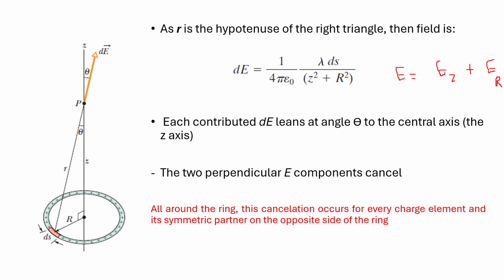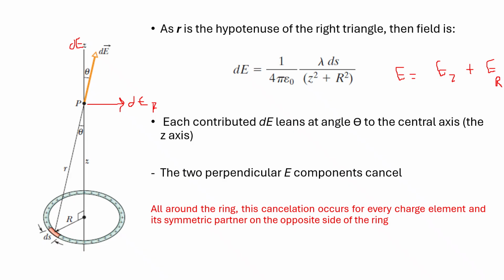So you can see here is dE, the resultant from the charge element. Then you also have dEr at the horizontal axis, and also you have dEz at this Z axis, the charge element along this Z axis.